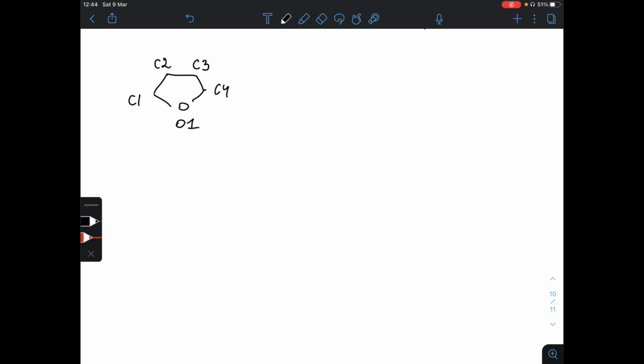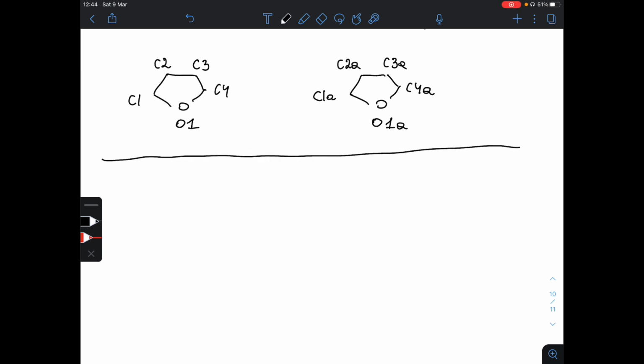I'm sorry, I wrote O1, O2, O3 by mistake. And let's say that our THF is disordered and all of the atoms are disordered. So the new names would be O1A, C1A, C2A, C3A, and C4A. Okay, let's try to write down all the SADI restraints, and then again, let's try to do the same thing by using SAME.